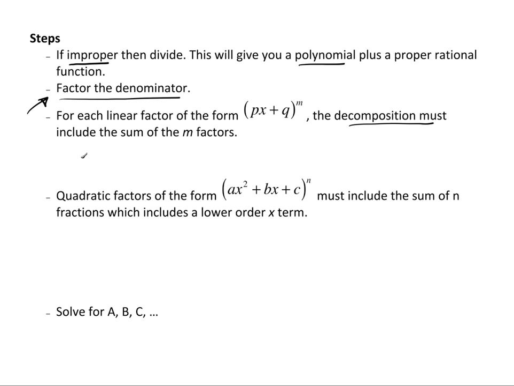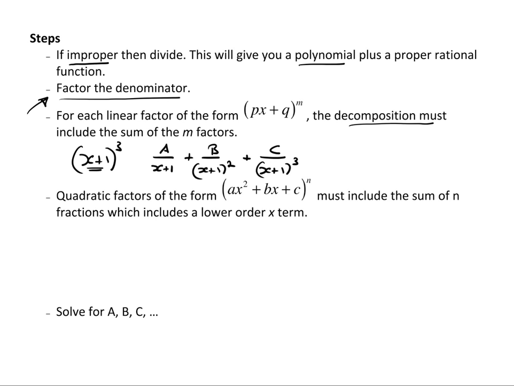So, if it looked like this, x plus 1 cubed, in this case p and q are both 1, what this is saying by the sum of the factors is that I'm going to have an A over x plus 1, see this is a linear term, plus B over x plus 1 squared plus C over x plus 1 cubed.